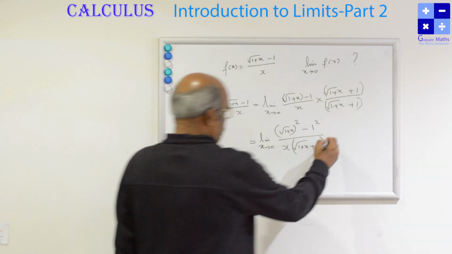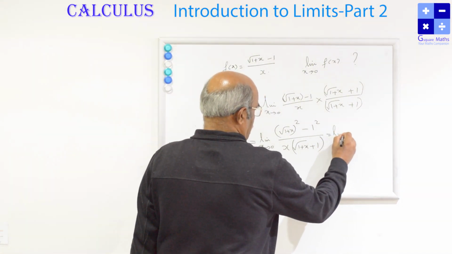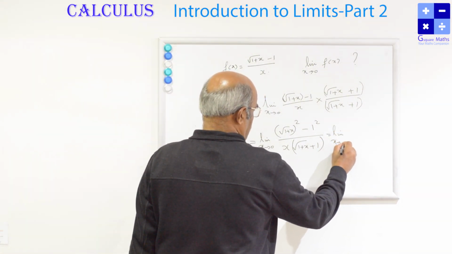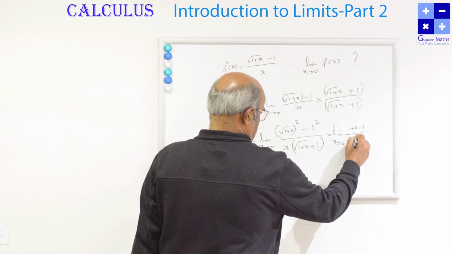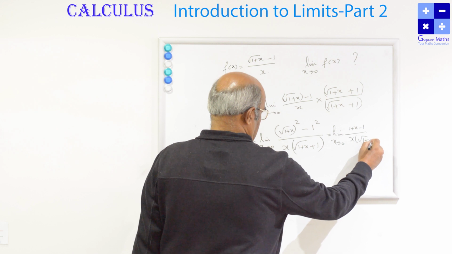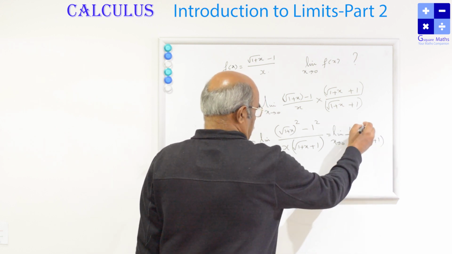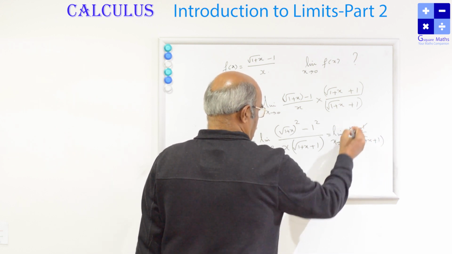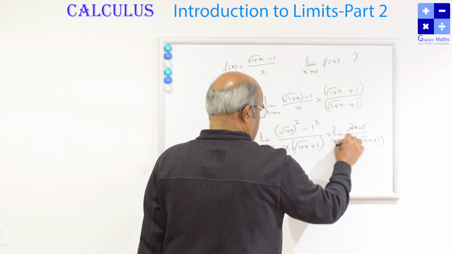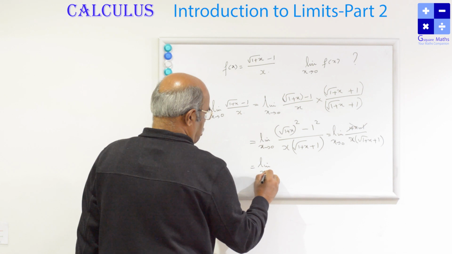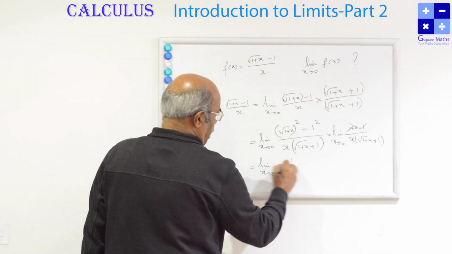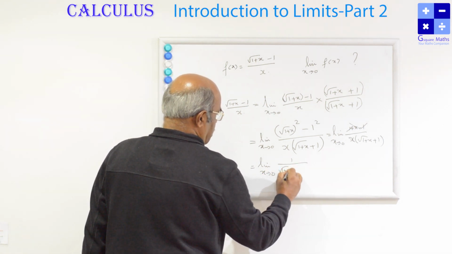That is equal to limit x tends to 0, 1 plus x minus 1 by x into root of 1 plus x plus 1. This gets cancelled with this. So that is ultimately limit x tends to 0, 1 by root of 1 plus x plus 1.